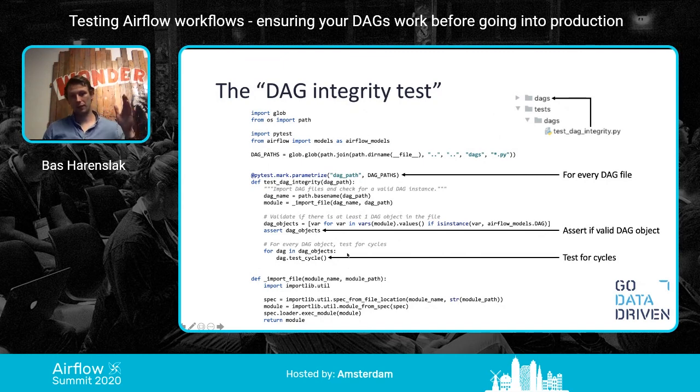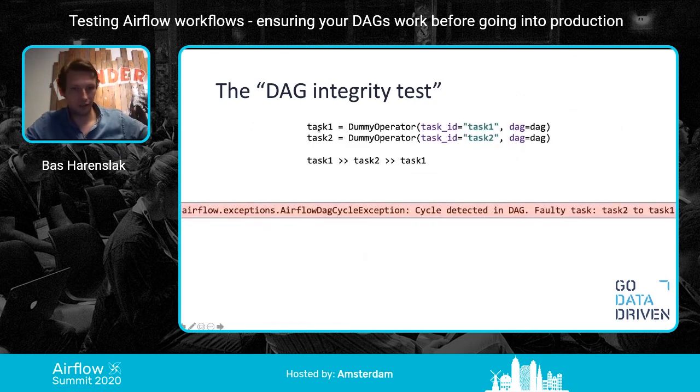So if you have, say, 2 tasks and you do task 1, task 2, back to task 1, and you run this test, you get an Airflow DAG cycle exception, cycle detected. This should be able to run on your laptop or in your CI/CD system instead of figuring out that you have a cycle in your production system.